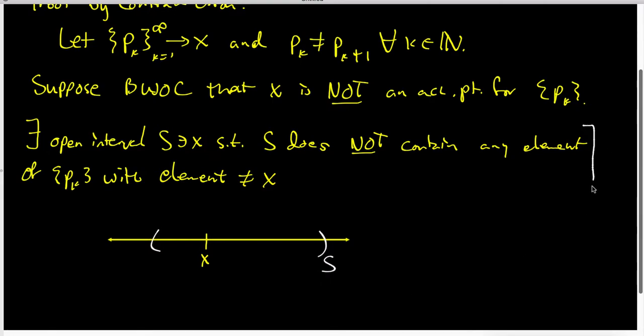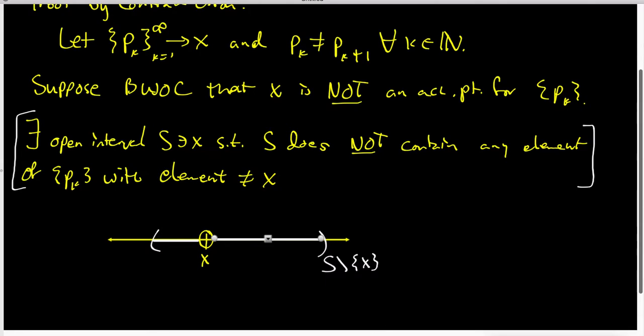Now, this statement here says that S does not contain any element of the sequence that is distinctly different from this X itself. So what I'm going to choose to do is delete X and look at the set S take away the set containing X. And I want to actually highlight that set. That's going to be all of the numbers here up to but not including X, and all of the numbers that are bigger than X and up to the other endpoint of my interval.